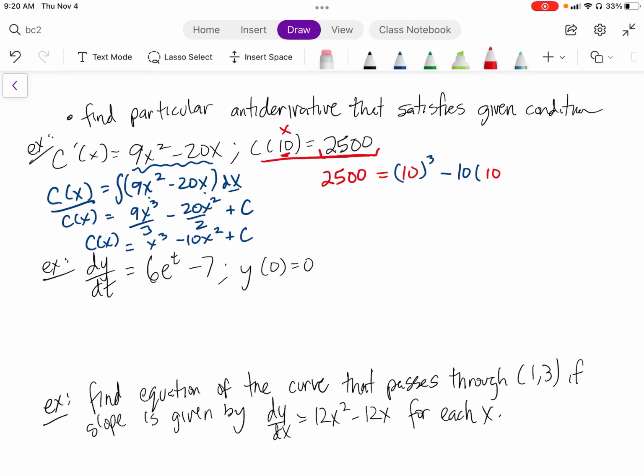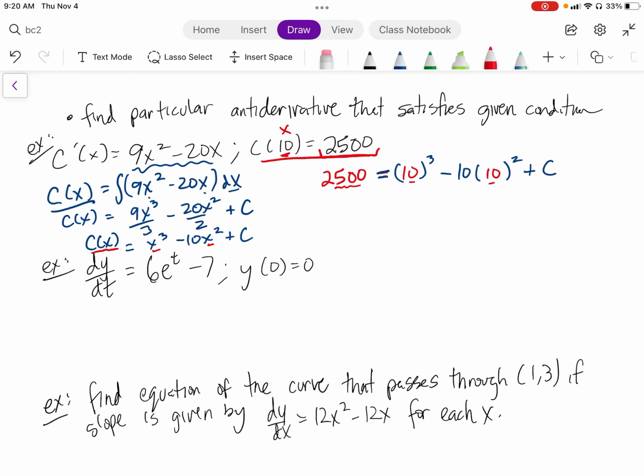I'm leaving the function that I got in blue, but I'm substituting in red the values I get for C of 10, just to show where this came from. So anywhere there was an x, I plug 10 in. The C of x is my C of 10, which I know is 2500 from that given information.